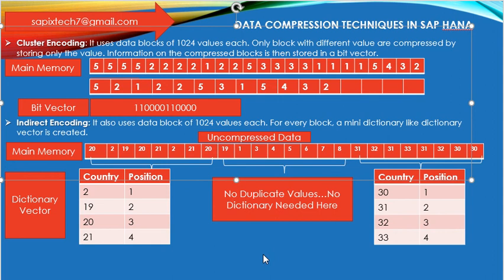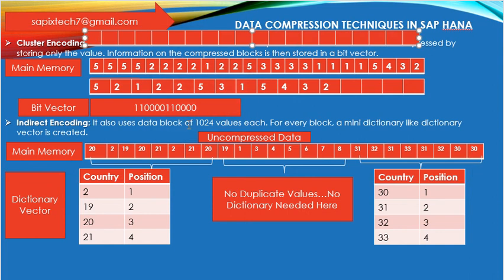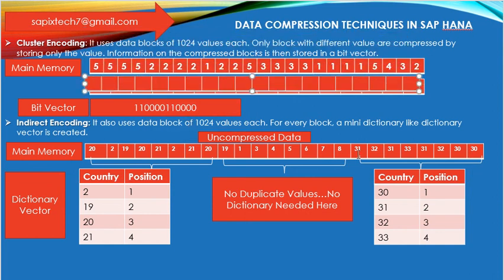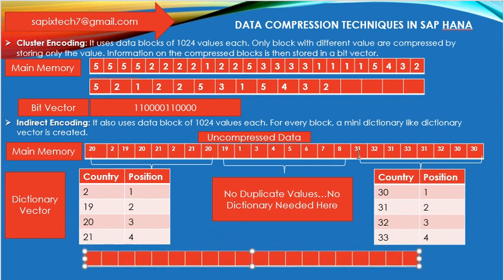And after creating a dictionary vector, it creates the compression. So what will happen, for example, let me take one. What will indirect encoding store after that? First position is 20, and 20 is at position 3.